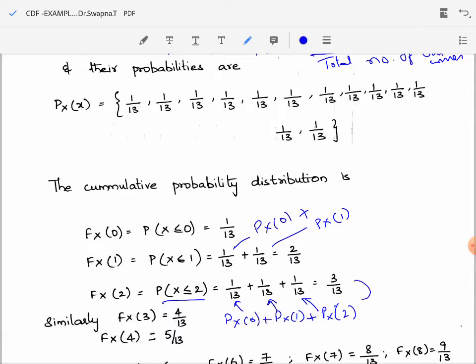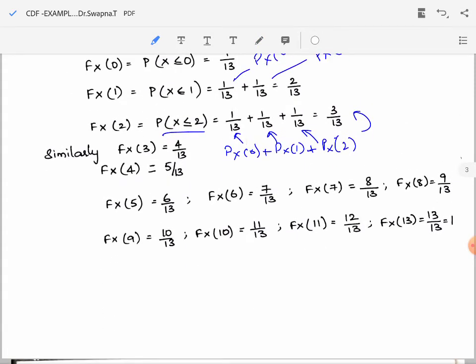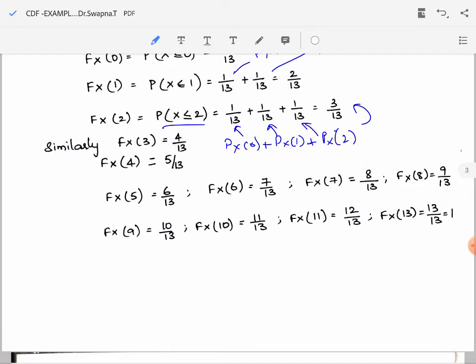We get 3 by 13. Similarly, we calculate F_X of 4, 5, 6, 7, 8, 9, 10, 11, and 12. F_X of 12 is equal to 13 by 13, which is equal to 1.